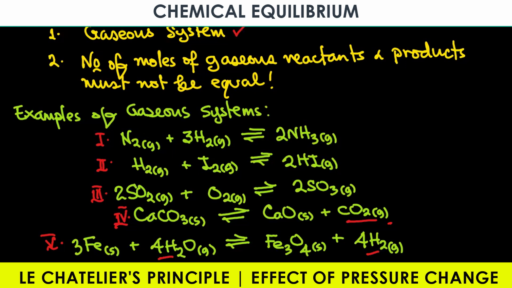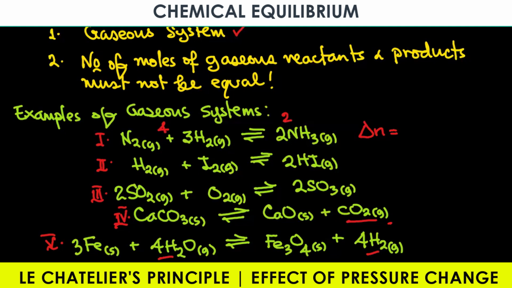Now let's move to the second condition. The number of moles of gaseous reactants and gaseous products must not be what? Equal. So how many gaseous reactants do we have for reaction 1? Change in the number of moles here is what? We have 1 plus 3, that's 4. Here we have what? 2, right?